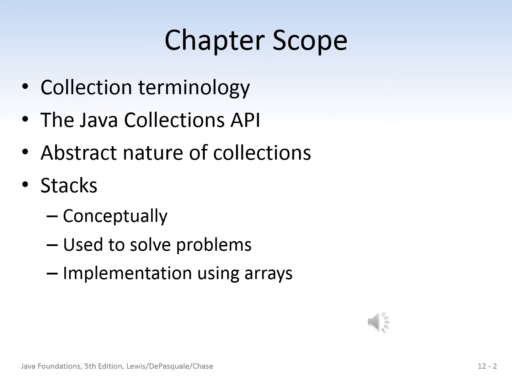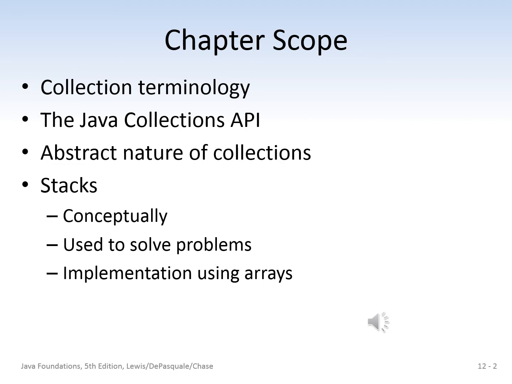This chapter will discuss terminology regarding collections. We'll also get into the Java Collections API and the abstract nature of collections. And I'll add in a review of abstraction, which was covered fairly extensively in the prerequisite courses for this.